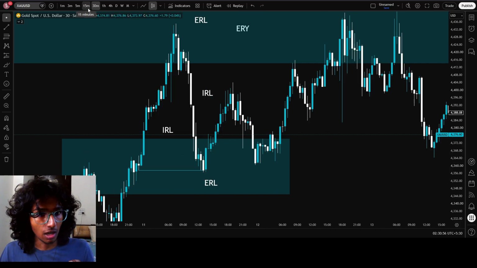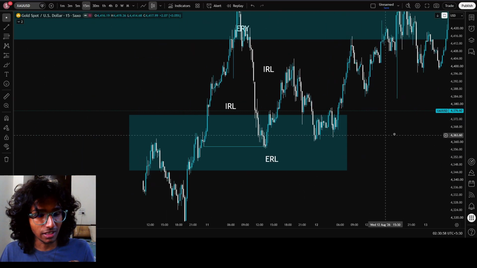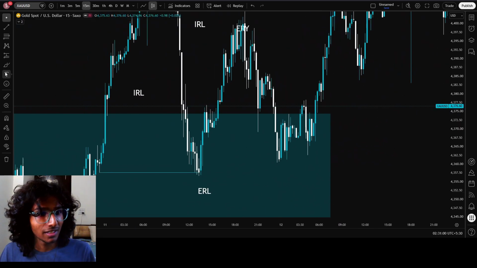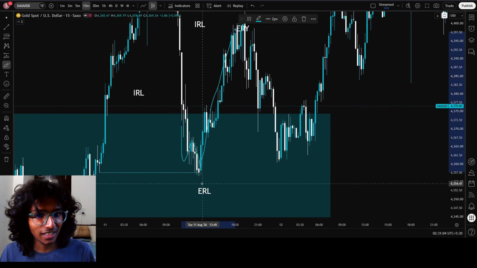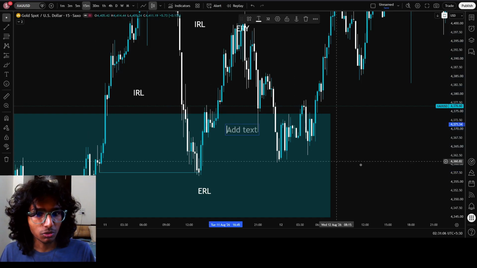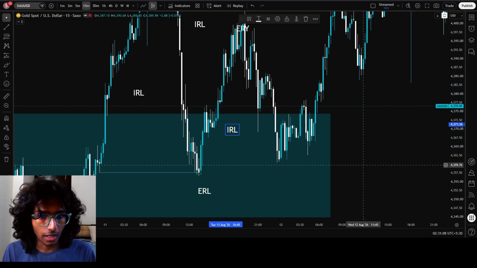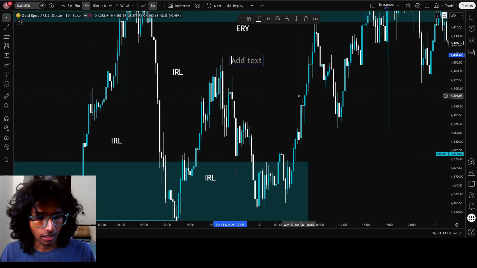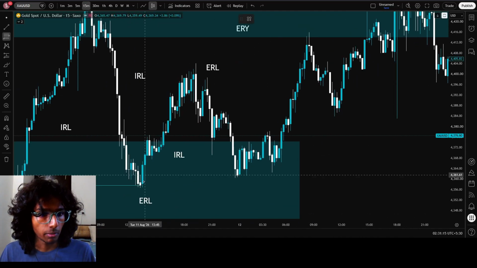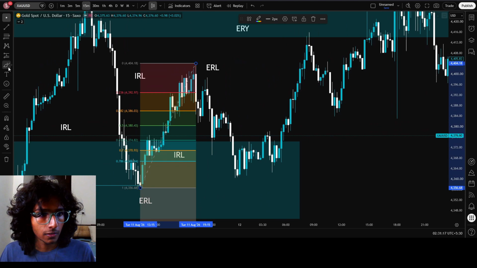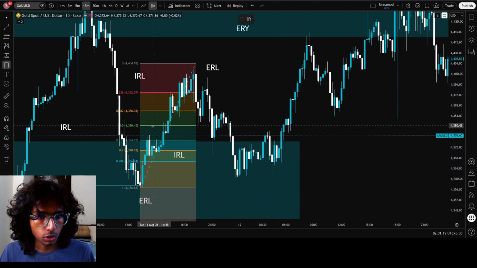Good. Now, M15, what happened? Similarly, there was another internal break. So this one was IRL and ERL, structure. Fib it up, 50% below.